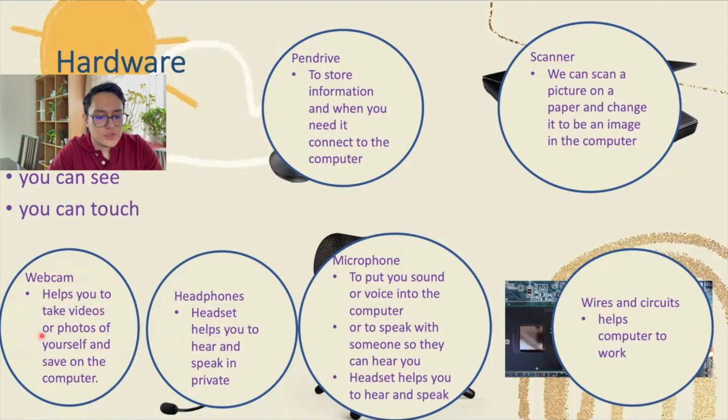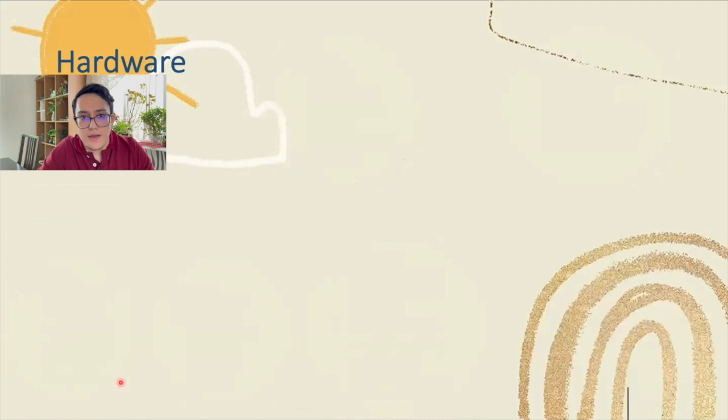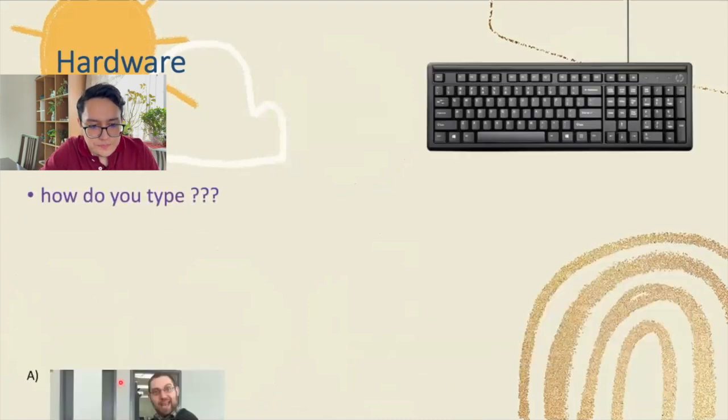Webcam helps you to take videos or photos of yourself and save on the computer. So you are seeing me through a webcam. Right now, I'm using this as a webcam. This is a webcam. Okay, next page.